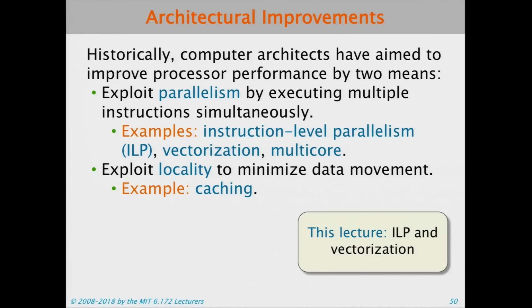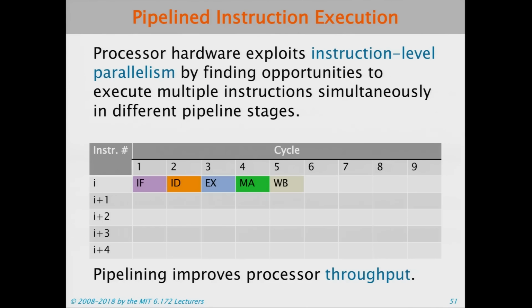So let me talk about instruction-level parallelism. When you have, let's say, a 5-stage pipeline, you're interested in finding opportunities to execute multiple instructions simultaneously. Instruction 1 is going to do an instruction fetch, then it does its decode, and so it takes 5 cycles for this instruction to complete.